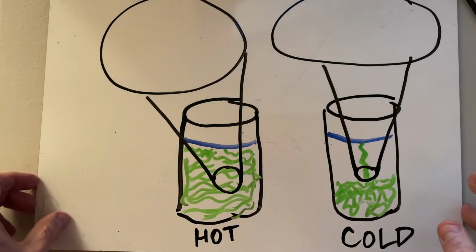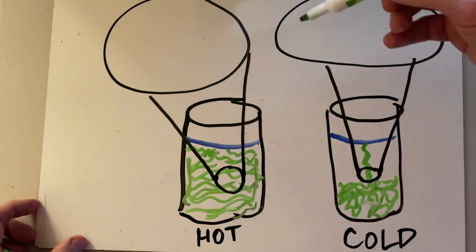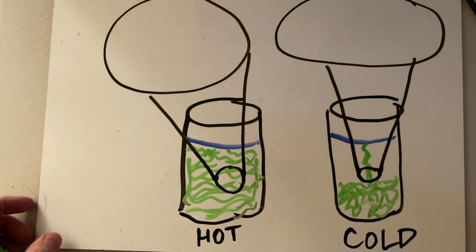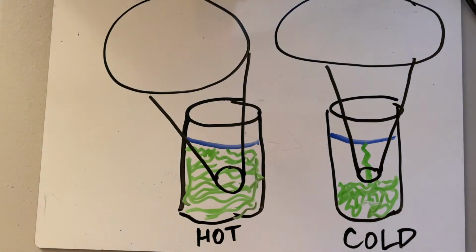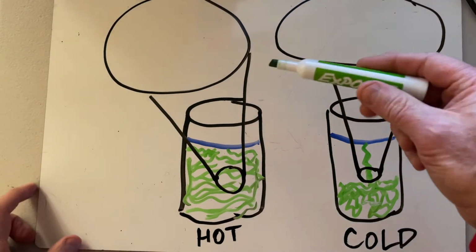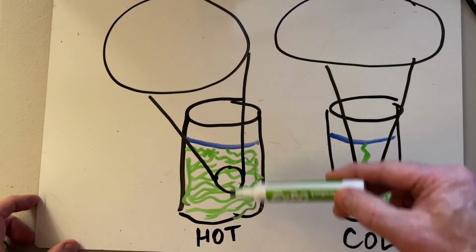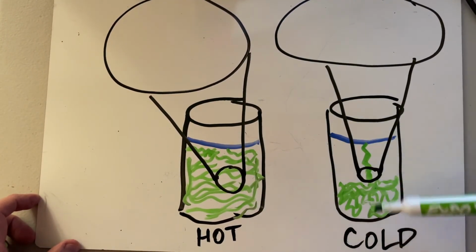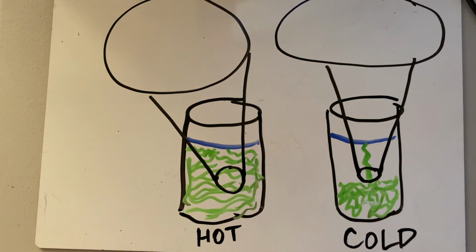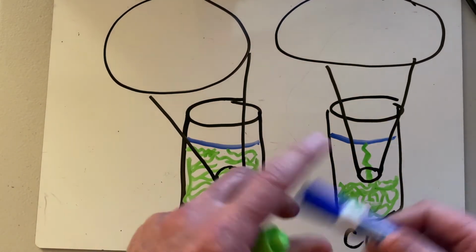All right, so for the hot water, I'm going to have a certain number of water molecules, and I'm going to make sure, because there is just as much water here as there is over here, I have to keep it equal. I'll use blue for my water.